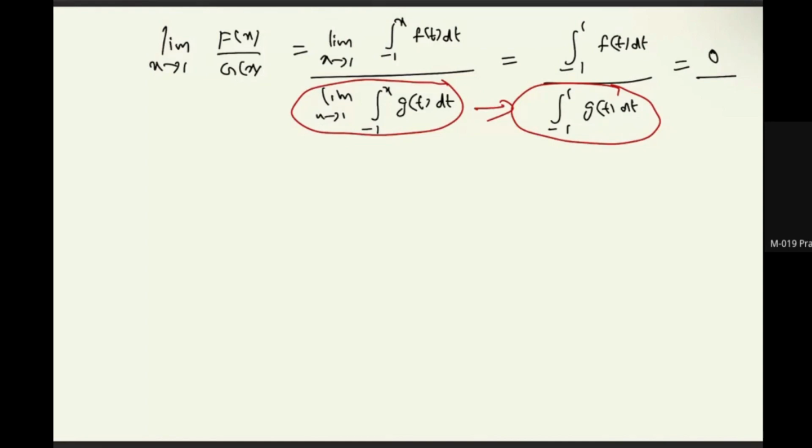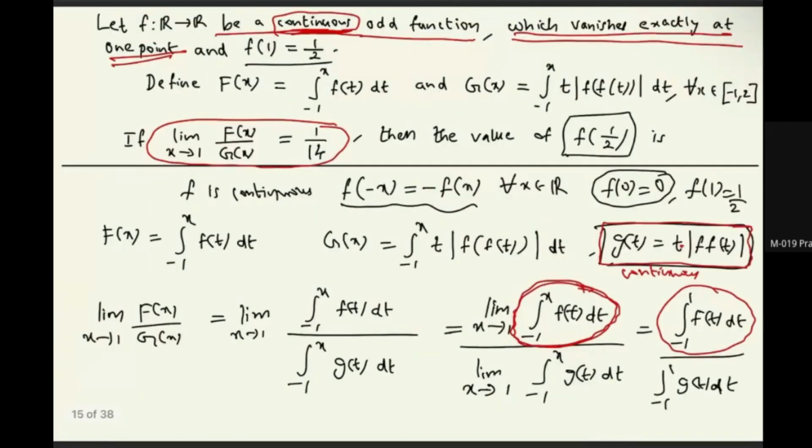Now, what about this integral from minus 1 to 1 of g of t dt? Can you say anything? This is also an odd function. Yes, so that is another observation here. That's why this problem is interesting. So many things to observe. So g of t is actually odd. Do I need to show it or will you check it?